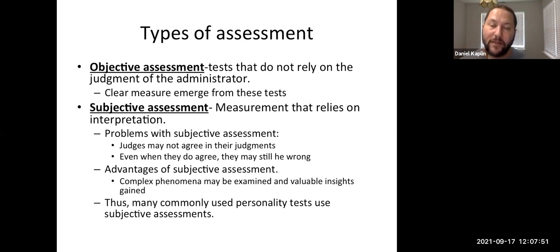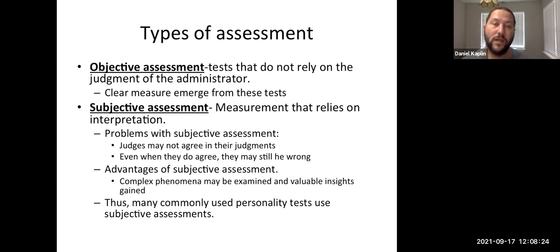Whereas in a subjective personality assessment, there is more of a reliance on the interpretation of the administrator. And that is by design, right? The items tend to be more ambiguous in nature, so it leaves you with the opportunity to interpret any way you want. Now, there are criticisms with subjective assessment.